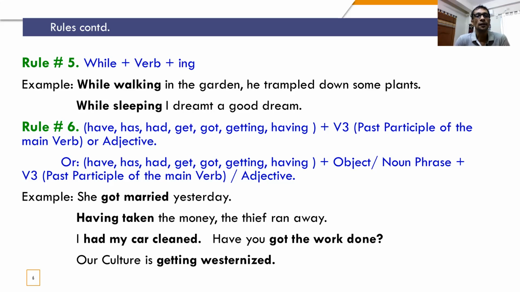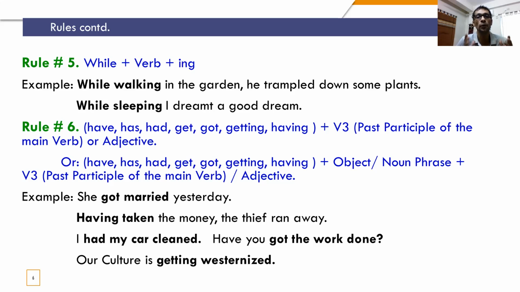Rule 6, have, has, had, get, got, getting, or having is always followed by V3 or past participle of the main verb, or adjective. Either past participle of the main verb or adjective. There is another option here: have, has, had, get, got, getting, or having is followed by an object or noun phrase plus past participle of the main verb or adjective.